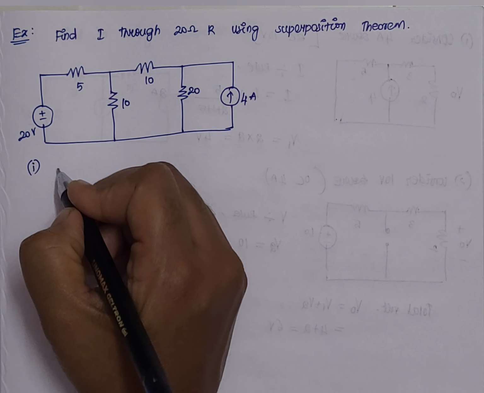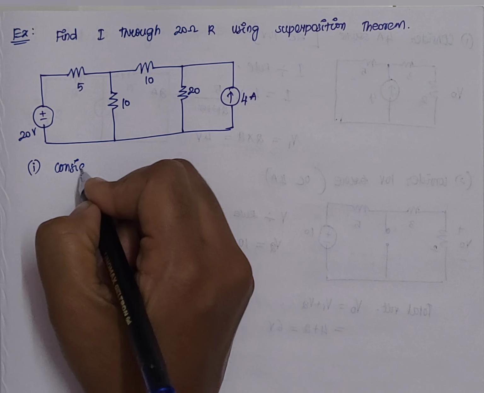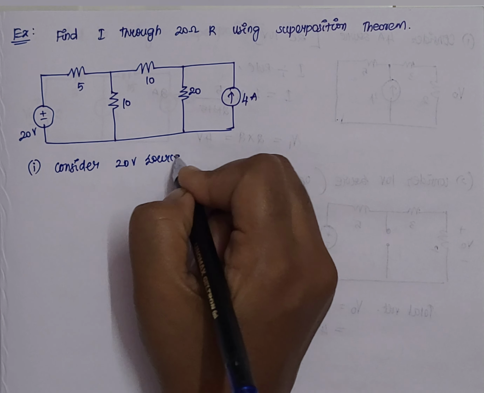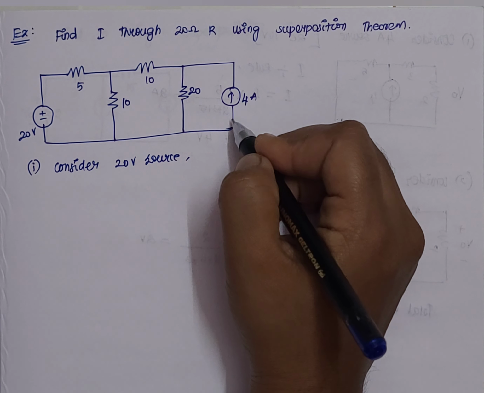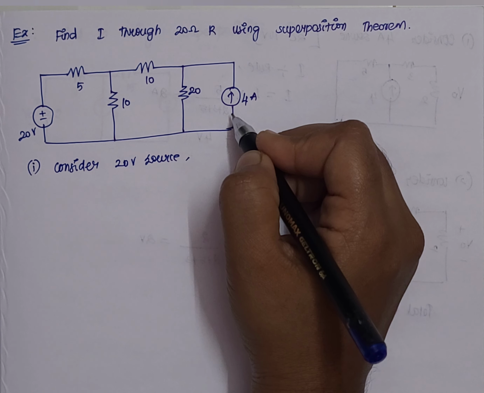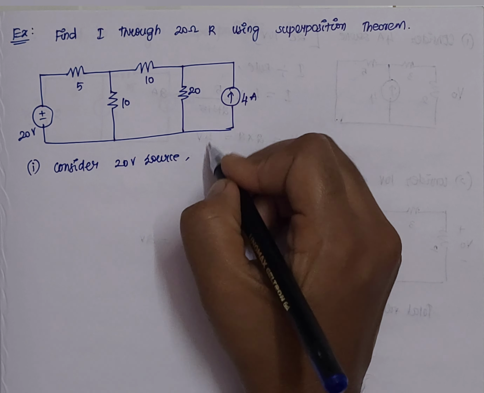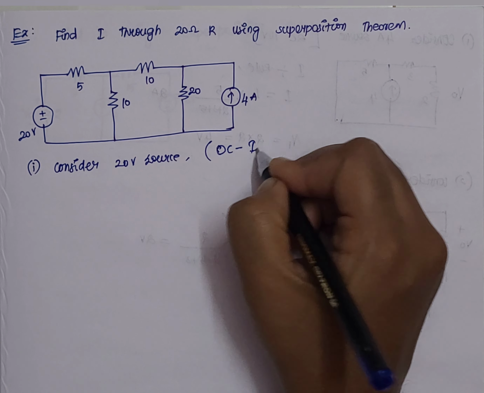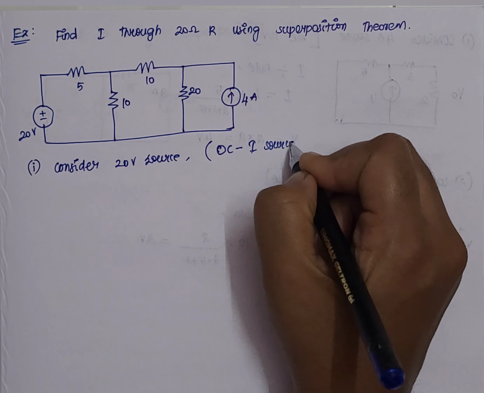So first thing is we will consider the 20 volt source only, which means you have to remove this particular current source. As we have seen, whenever we have a current source, we have to open circuit the current source.